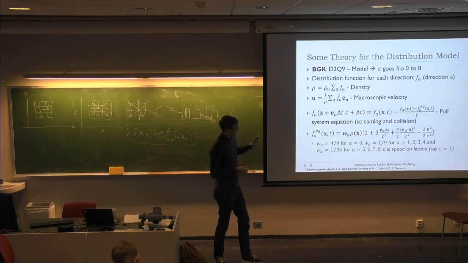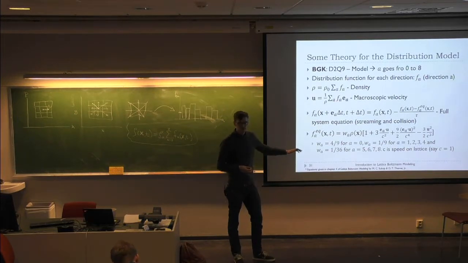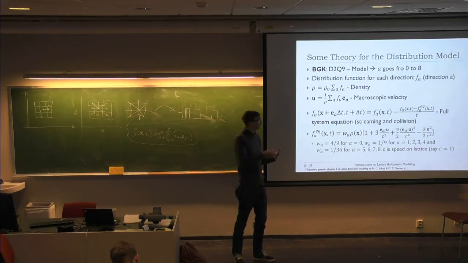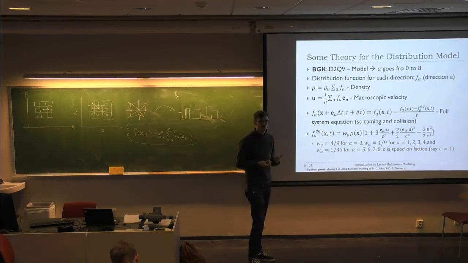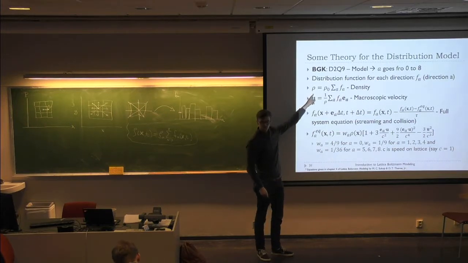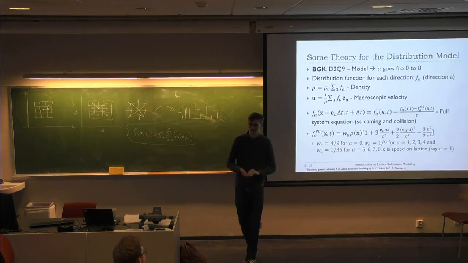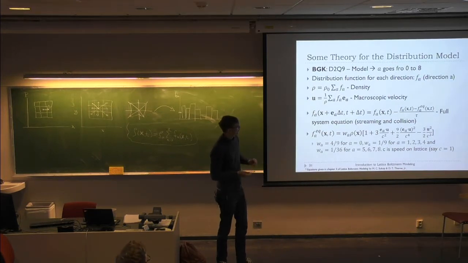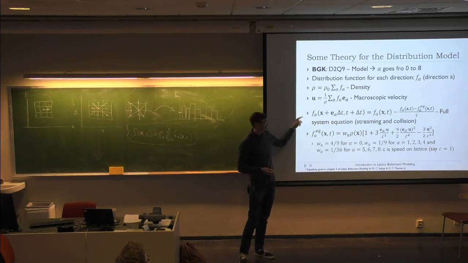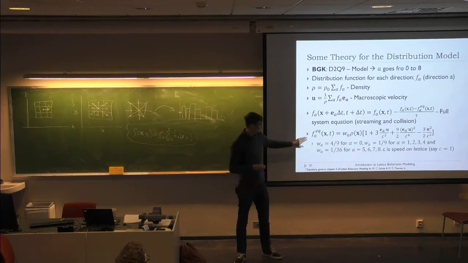However, on this slide, there's a lot of text, and basically it's all the information you need to make a very simple Lattice Boltzmann model. You're told what the density is defined as. You're explained how the macroscopic velocity is defined, and you're given the evolution in time and how that can be calculated.